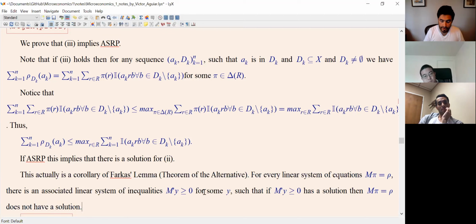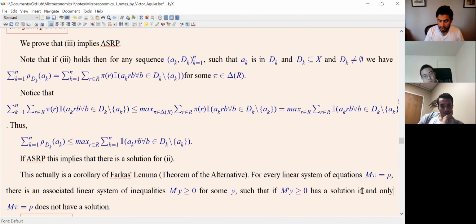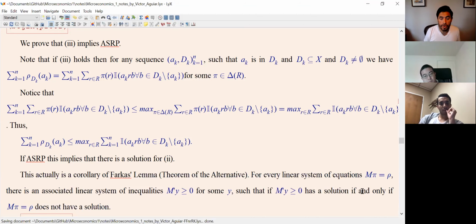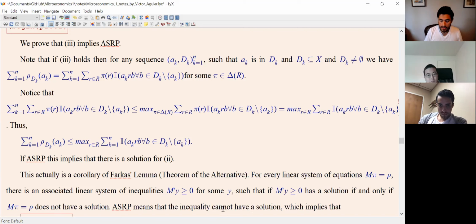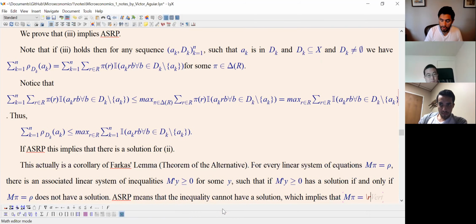That's why it's the alternative. And this is, in fact, not only then, but if and only if. Okay? So ASRP means that the inequality cannot have a solution, which implies that M pi equal to rho has a solution, okay?